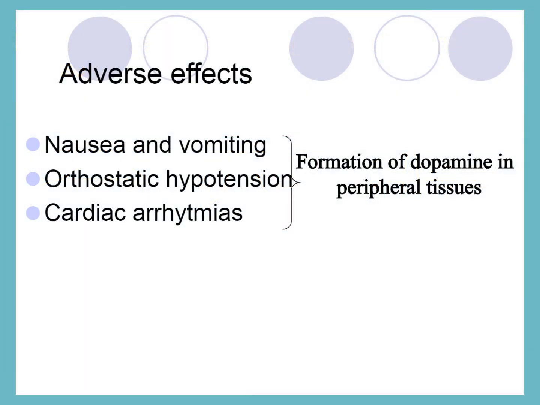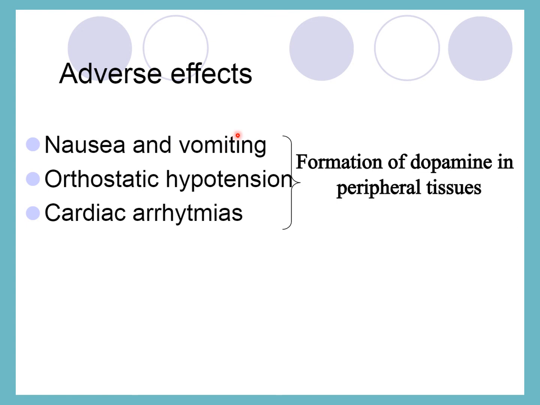When we look at adverse effects, the first thing you could think about dopamine is that it shares a structural similarity to epinephrine and norepinephrine. It's a catecholamine. Dopamine also is not just relegated to the substantia nigra. We see dopamine in the gastrointestinal tract, which would explain nausea and vomiting.